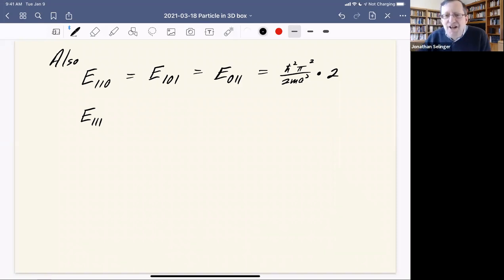It has a unique energy all by itself, which is h bar squared pi squared over 2ma squared times 3. So this is not degenerate.